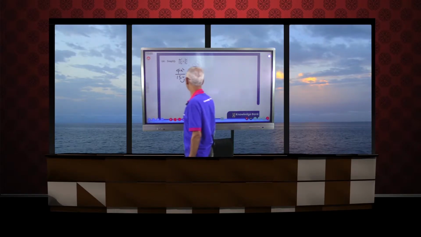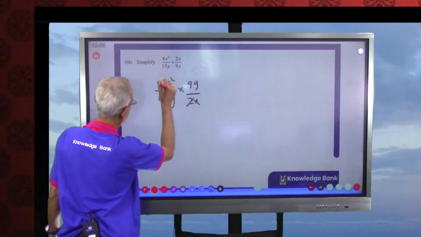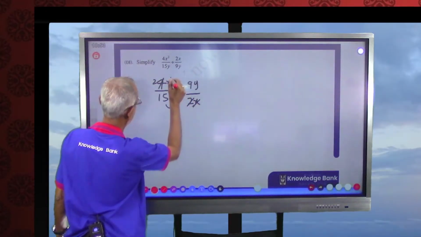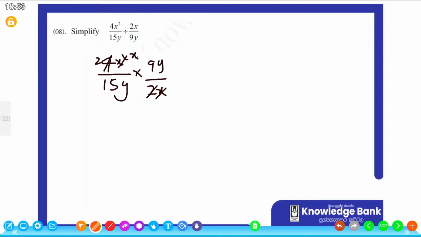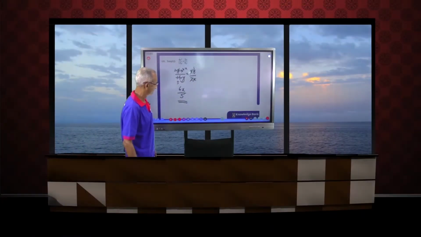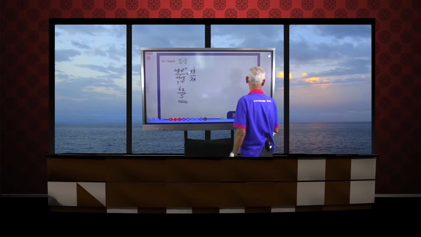Then we can cancel: 2 times 1, 2 times 2. Then again you can cancel this. Here it is x, here it is x squared, so we can write x. We can cancel y with y. 3 times 3, 3 times 5. Then 2 into 3 is 6, so 6x over 5. That is the answer for question number 8. Then, let's move to question number 9. Next question.